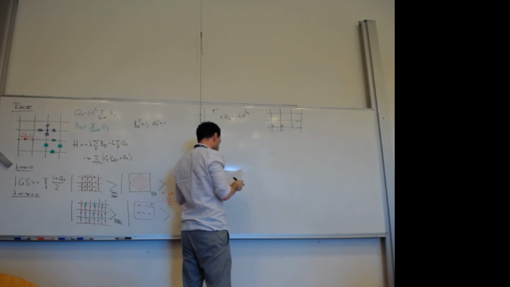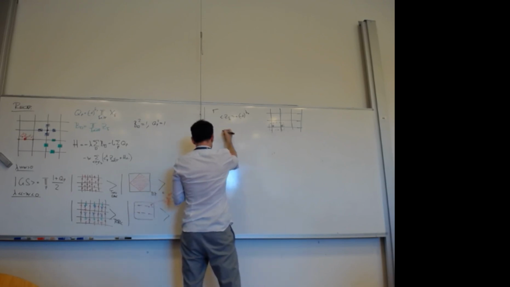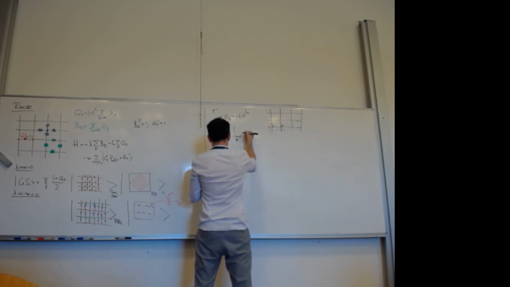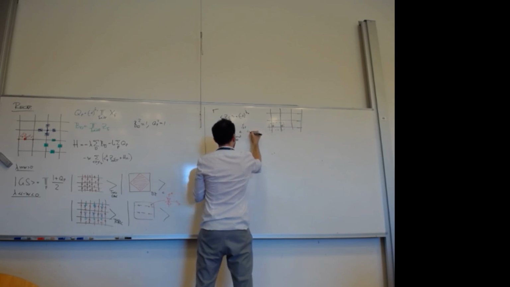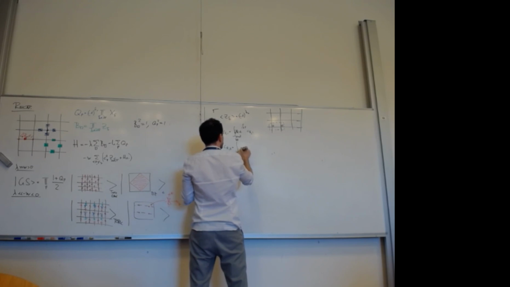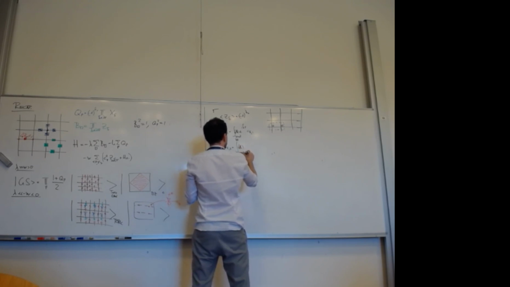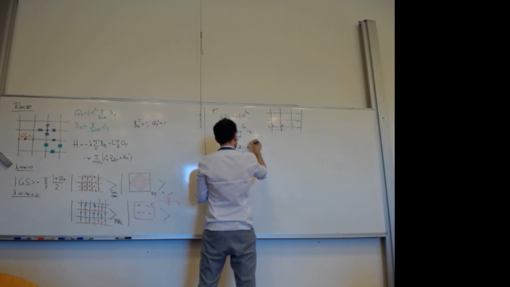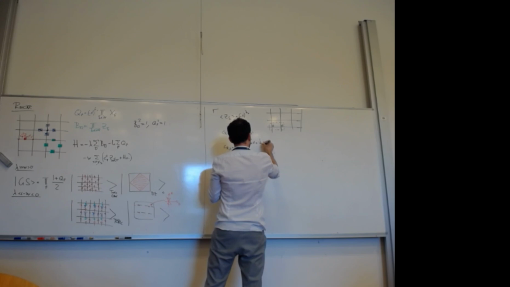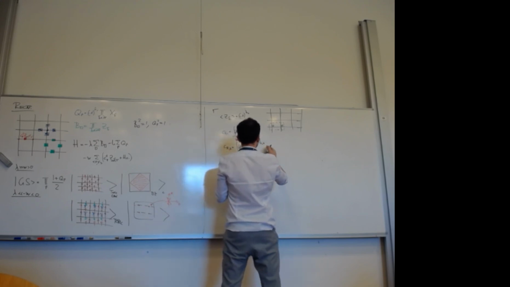Then we have the Fourier transform on position x, 1: the integral over the small Brillouin zone of e^{ikr} with c_{k1}, and c_{x2} goes to c_{k2}, with e^{ikr} plus e^{ik(r+x)}.